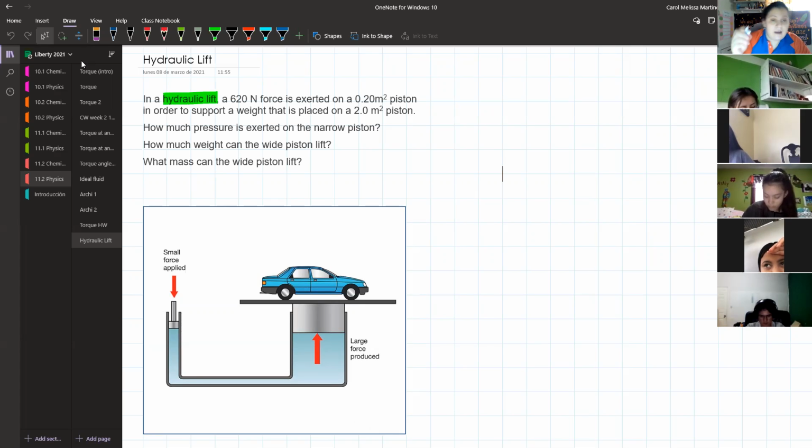Now, we need to understand that in a hydraulic lift, we're going to have two different areas, the smaller area and the larger area. So I'm going to call those areas A and B, being A the small area, and B the larger area.